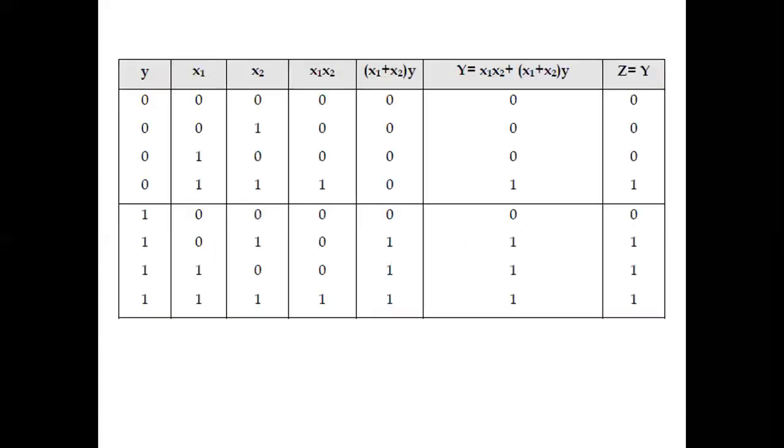Then this is the truth table for the given equation. Here they give the previous output y as 0 0 0 0 or 1 1, like that.